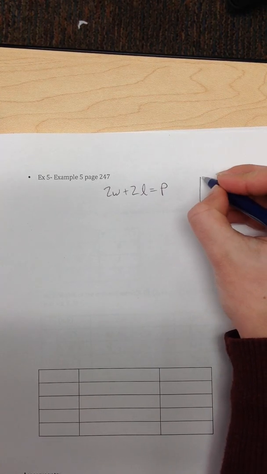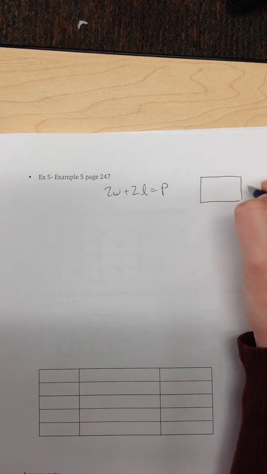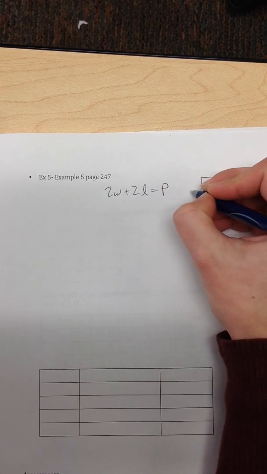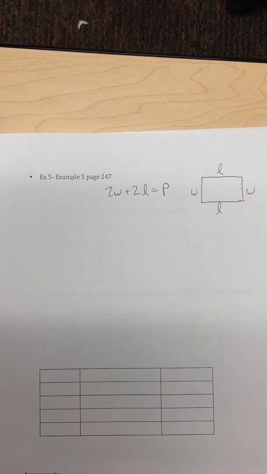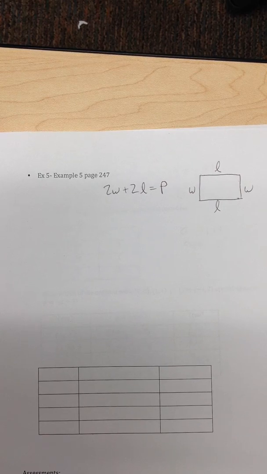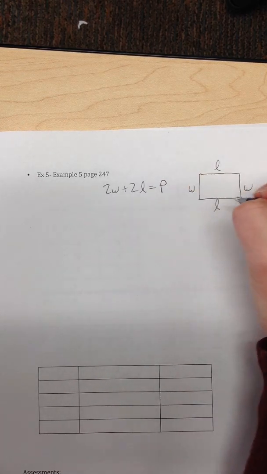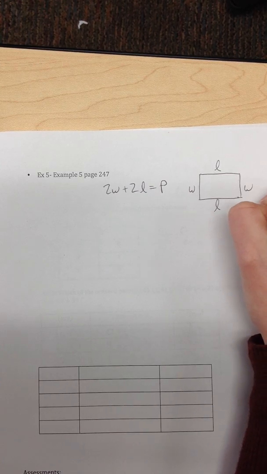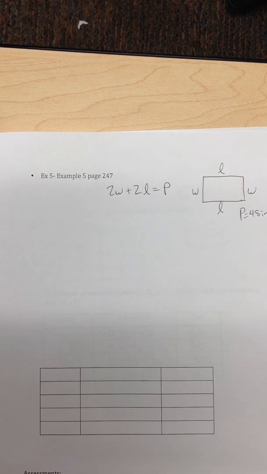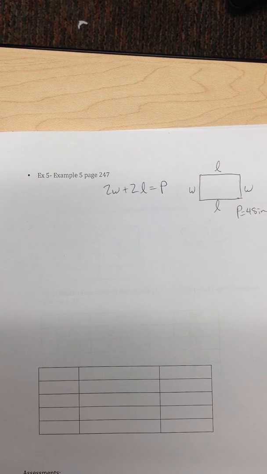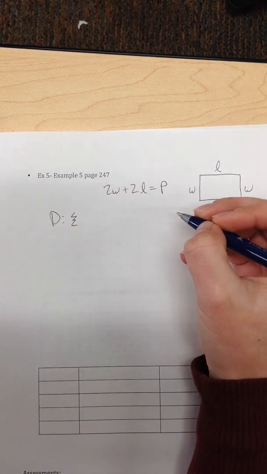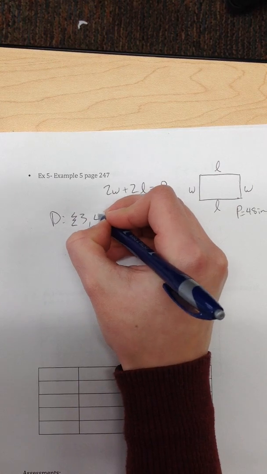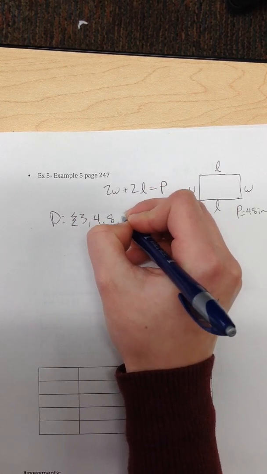So they've also got a picture there of a rectangle where they've got W, L, W, and L. Okay, so it says suppose a rectangle has a perimeter of 48 inches, so we know our perimeter is going to be 48 inches. And it says find the possible dimensions of the rectangle given the possible domains. Okay, so for our domain, they give us the values 3, 4, 8, and 12.